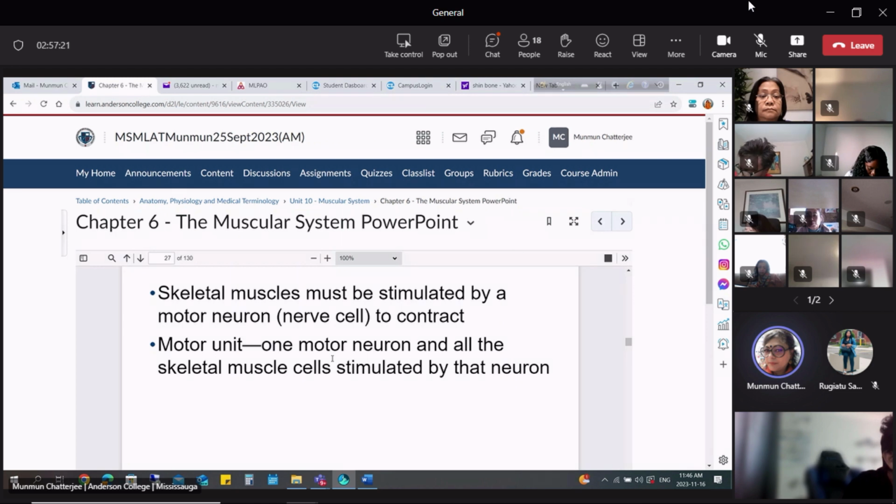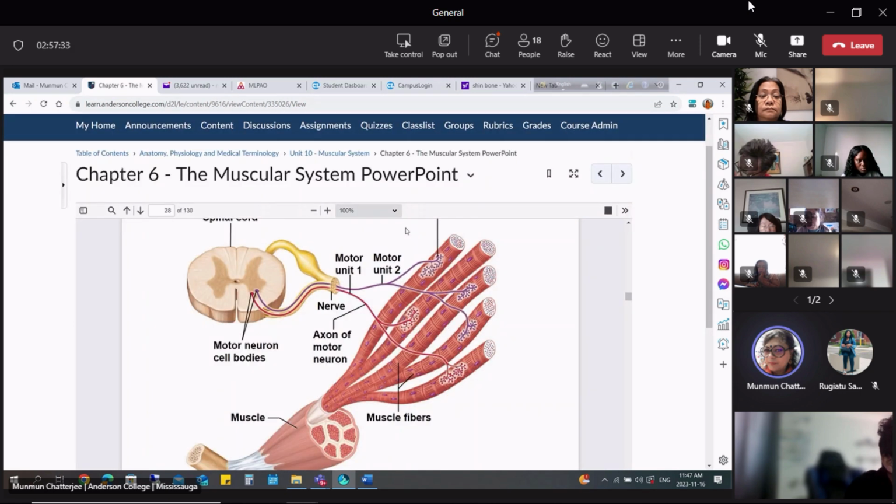One neuronal cell which is responsible for stimulating that skeletal muscle is called the motor unit. This is the neuron, getting the signal, and then it goes to the muscle, and the muscle starts taking the information and starts moving.